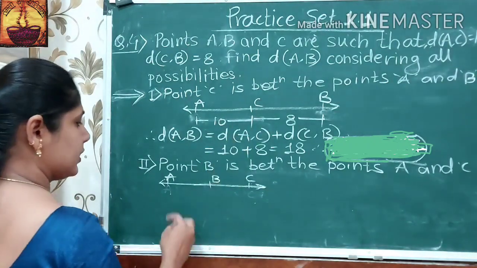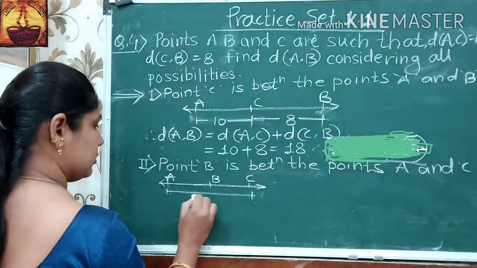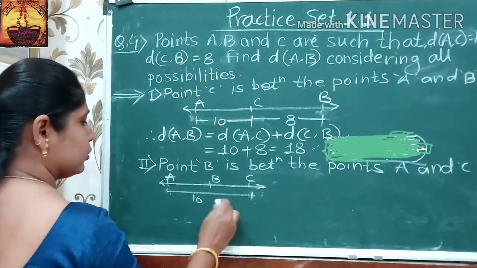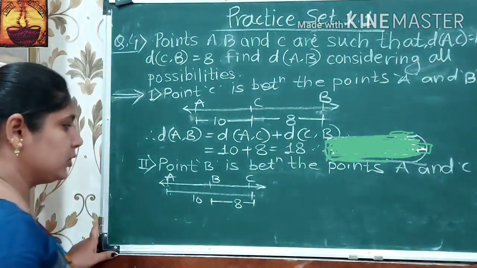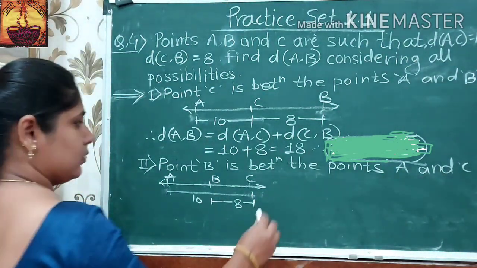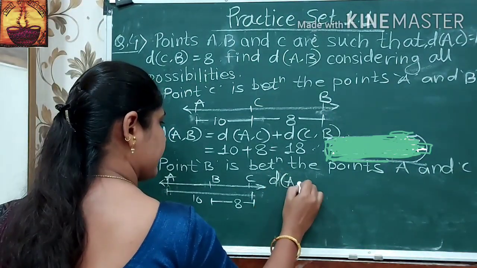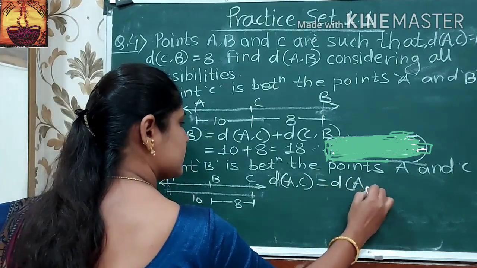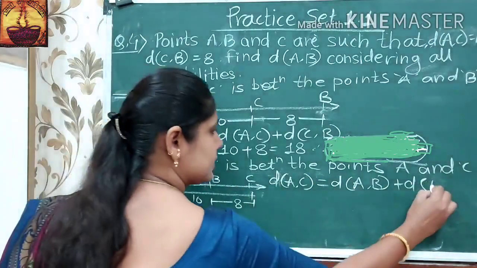We have distance AC is equal to 10 and distance CB is equal to 8. From this diagram, we say that distance AC is equal to distance AB plus distance BC.